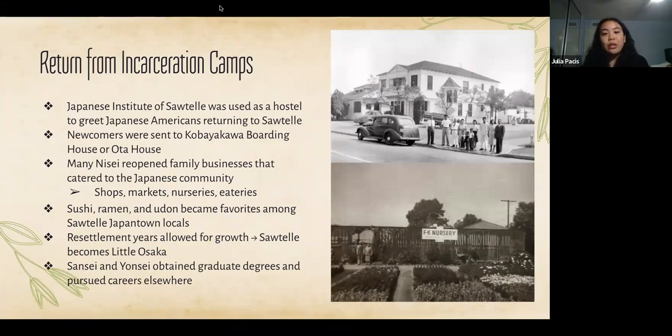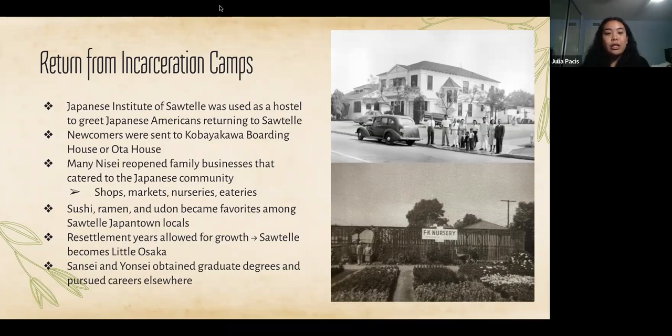And these boarding houses provided areas where Japanese Americans could exchange information, get access to the Tanemoshi credit system that I mentioned earlier. And also it allowed younger Nisei to find spouses.